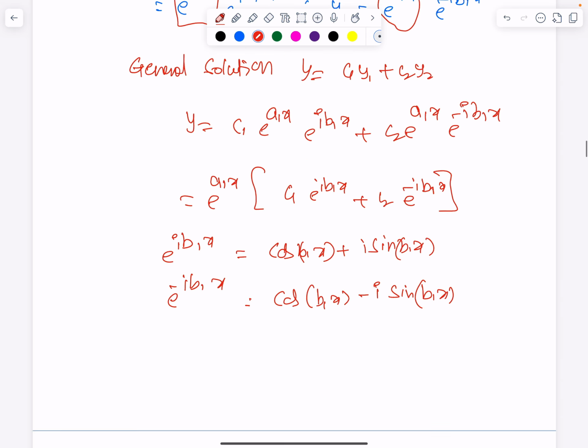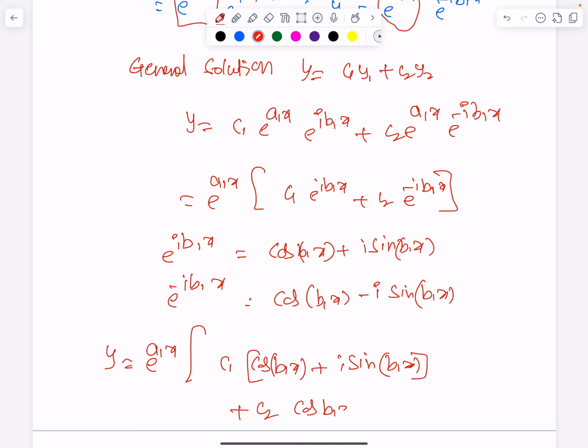Now if you substitute all these things, y is equal to e^(a1x) into c1 (cos b1x plus i sin b1x), similarly plus c2 (cos b1x minus i sin b1x).